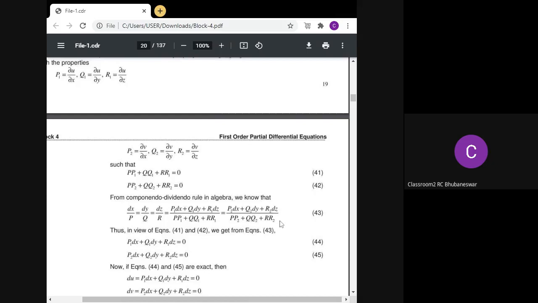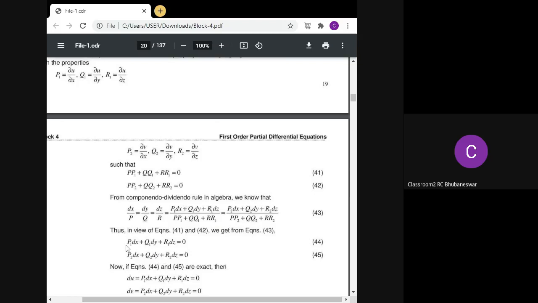Look carefully: the denominators written in the last two fractions must be 0, as represented in equations 41 and 42. If the denominator is 0 in the last two fractions, then these fractions convert to a very simple form.